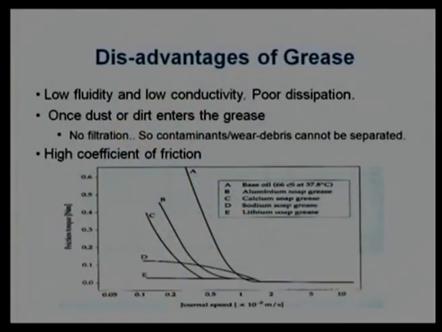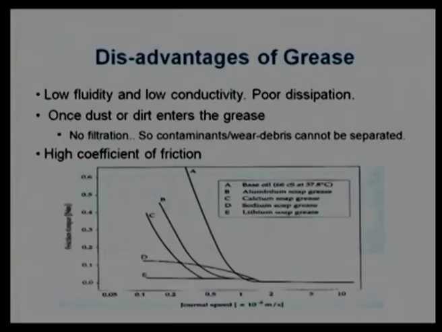Generally, grease shows a high coefficient of friction compared to liquid lubricant, but a low coefficient of friction compared to solid lubricants. Now, as I mentioned, it shows a high coefficient of friction, but a few experiments indicate that a high coefficient of friction is not necessarily achieved by using grease as a lubricant.